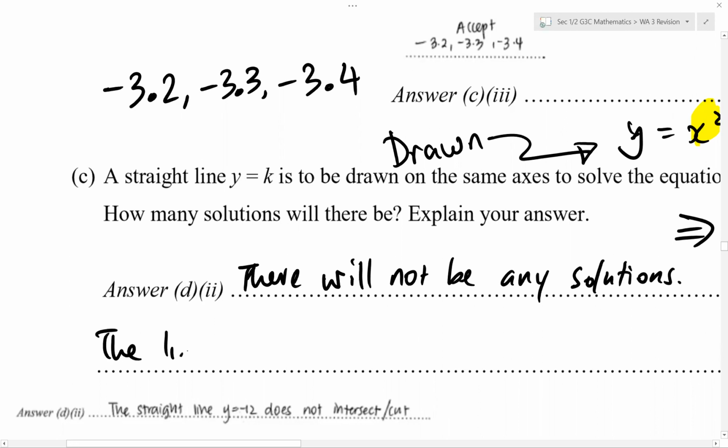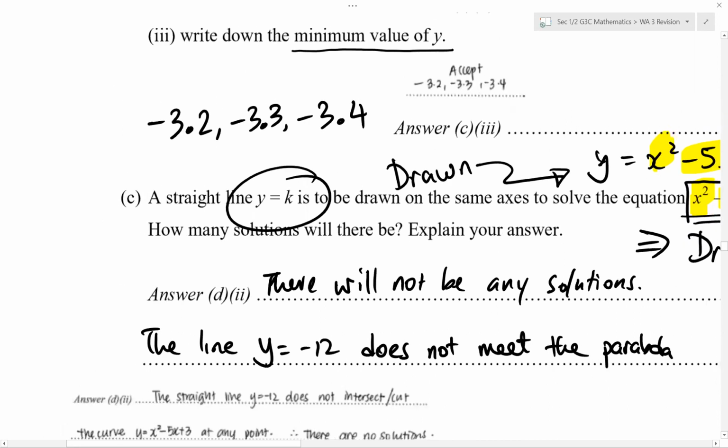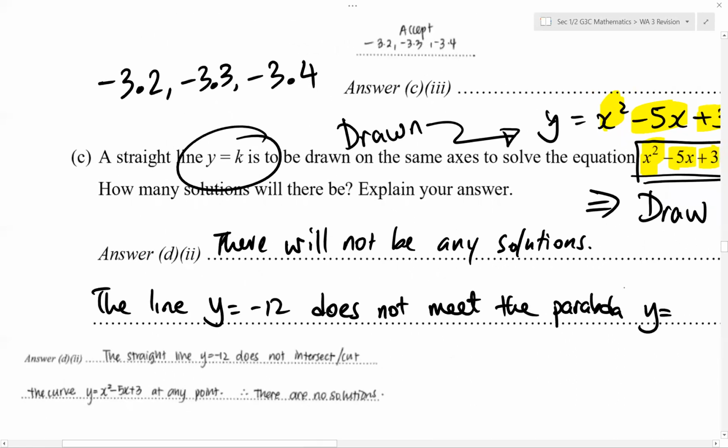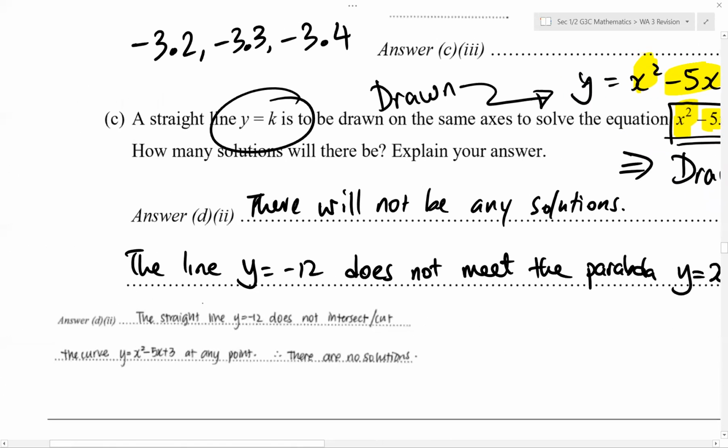The line y equals -12. See, they didn't want to tell you what the line is. They only say y equals k. You are supposed to find out, and you have found out that y equals -12 does not meet the parabola y equals x squared minus 5x plus 3 at any point.